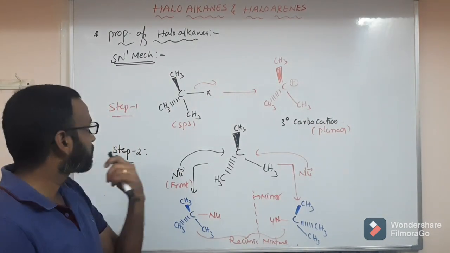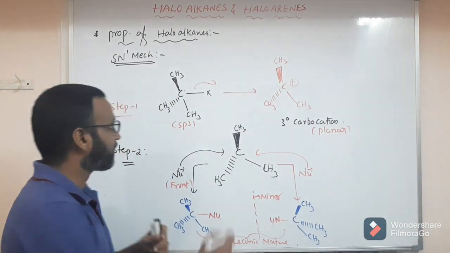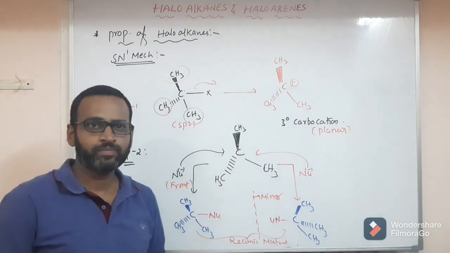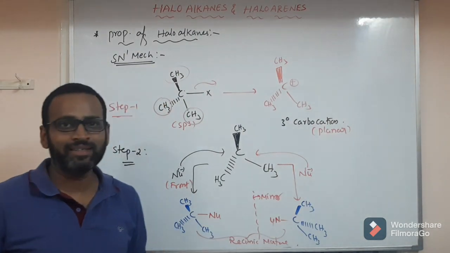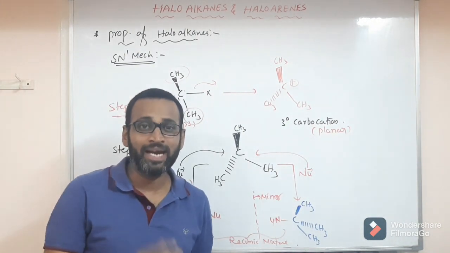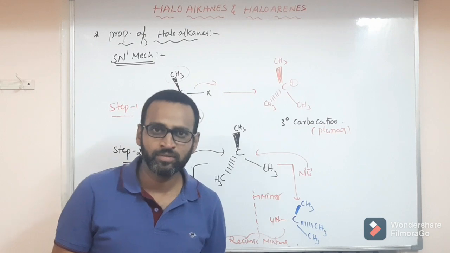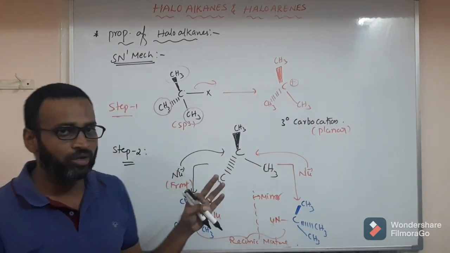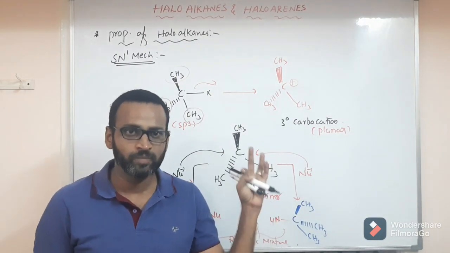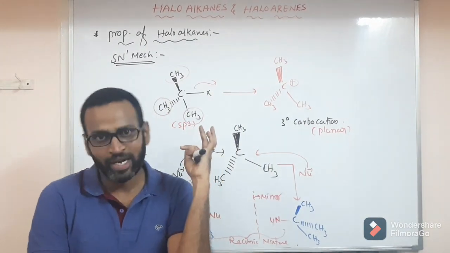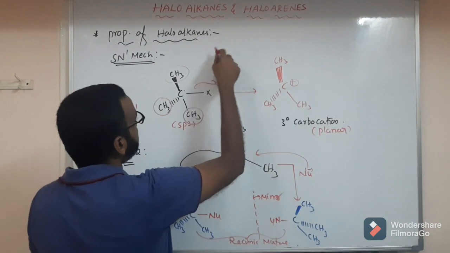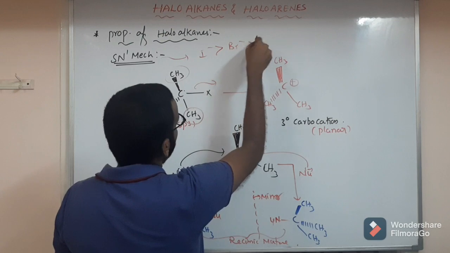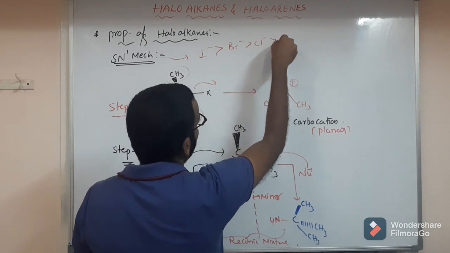Understanding everyone? So SN1 mechanism happens when the groups are very big. Got it? If you understand these chemical properties, it's just a matter of 5 or 10 minutes. You can understand very easily. Till here you have to remember the order of leaving group. For the same leaving group, even for SN1, I minus is greater than Br minus is greater than Cl minus is greater than F minus.